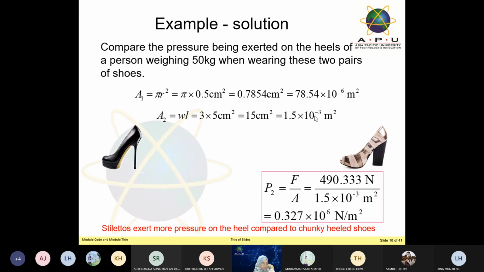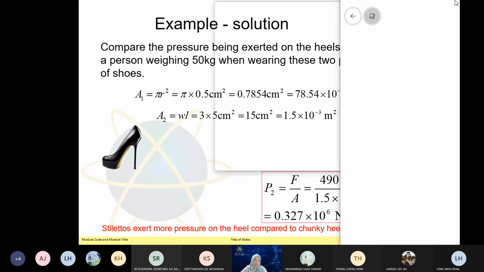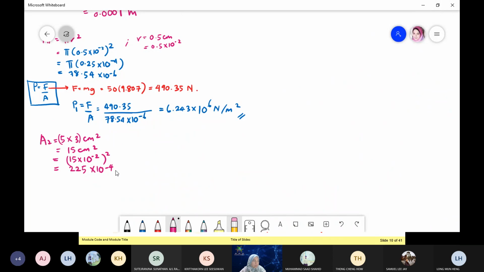Now only the front is... okay. 15 centimeter. 0.15 meter square.